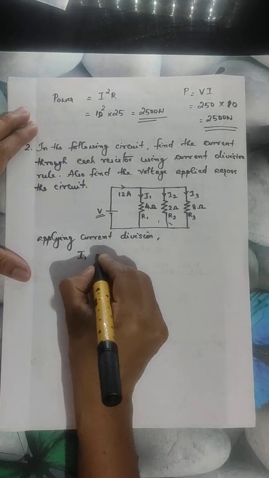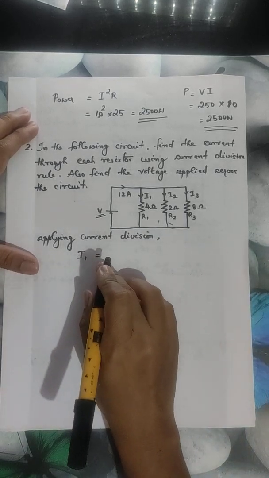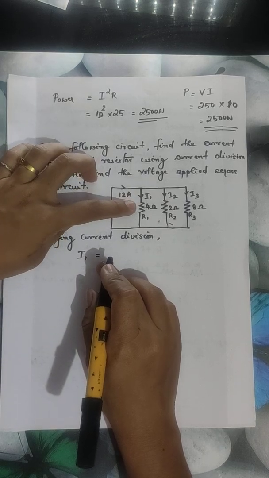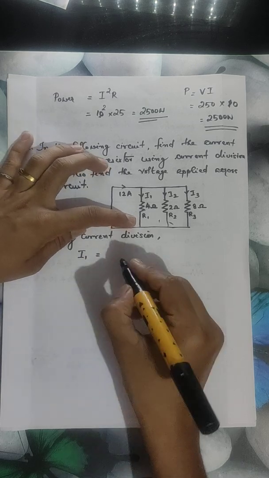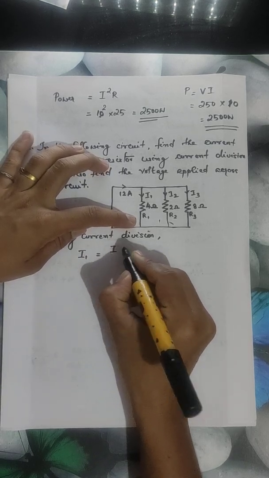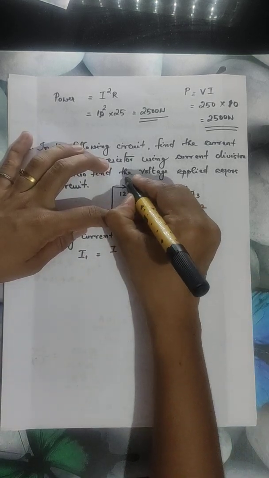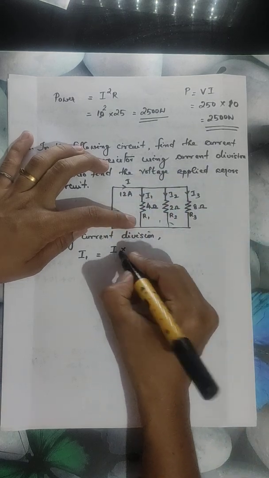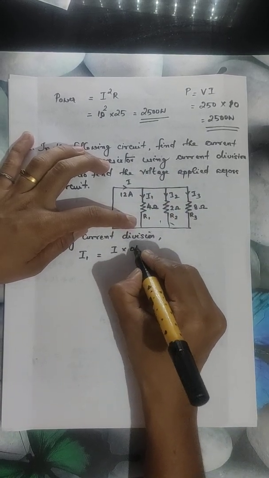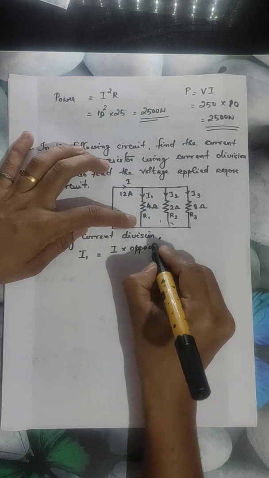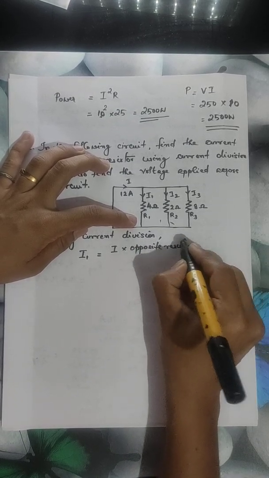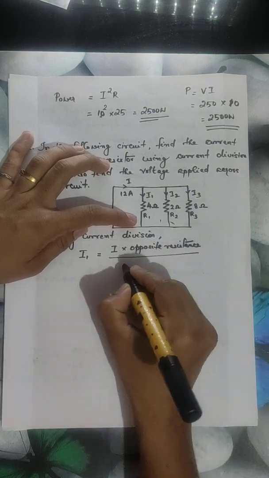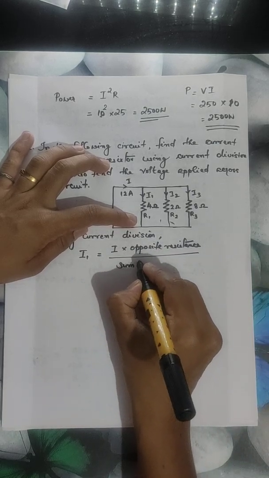I1. So what is the equation for I1? According to current division rule, the current through a particular branch is equal to total current. Let us mark this total current as I. Total current into opposite resistance divided by sum of resistances.